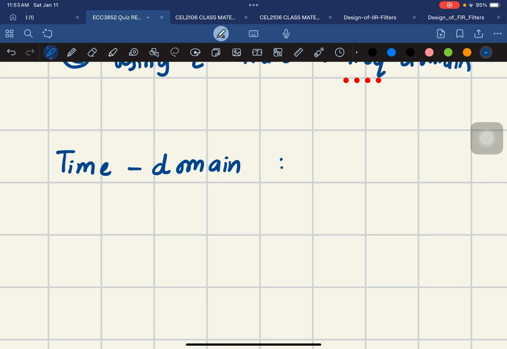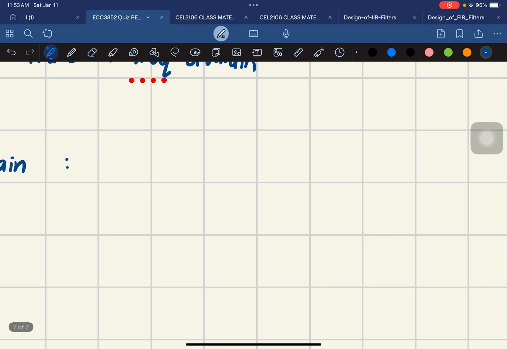Okay, so the system output yn is the convolution.